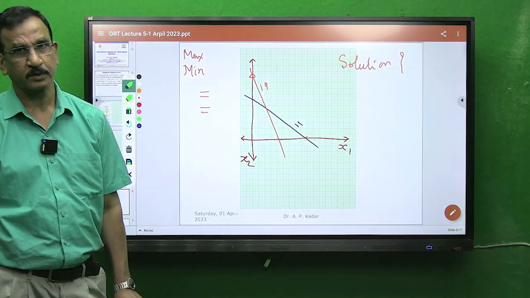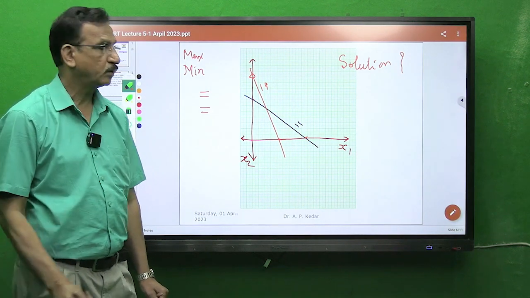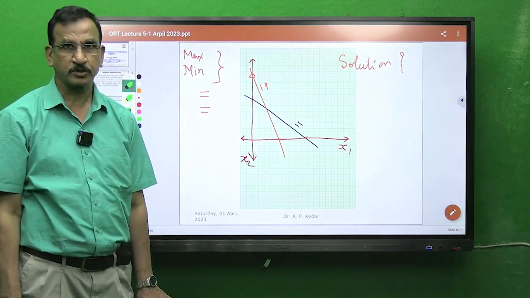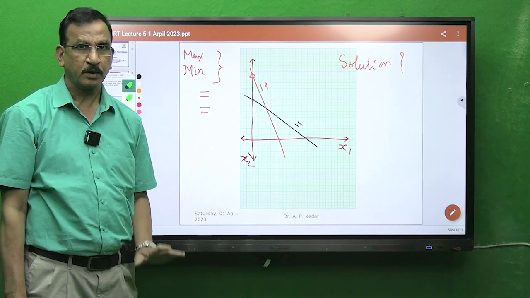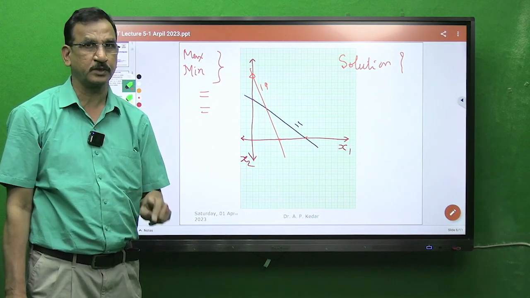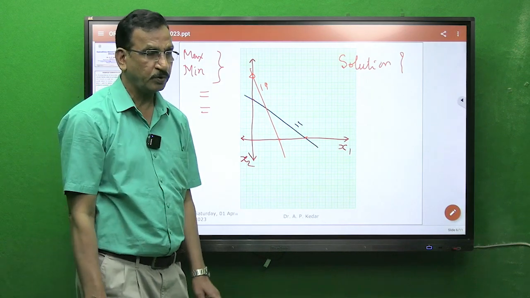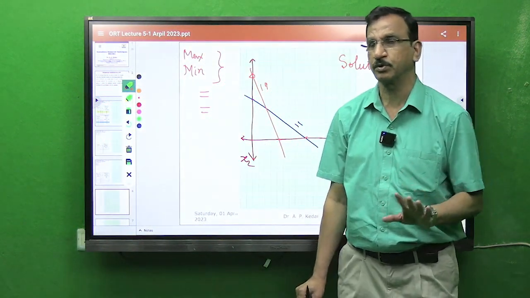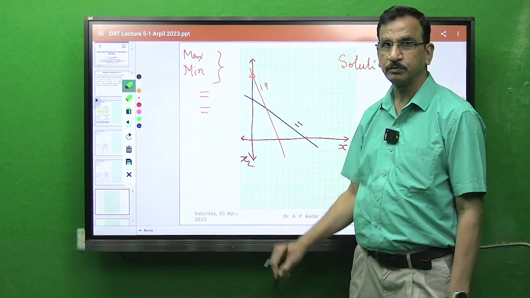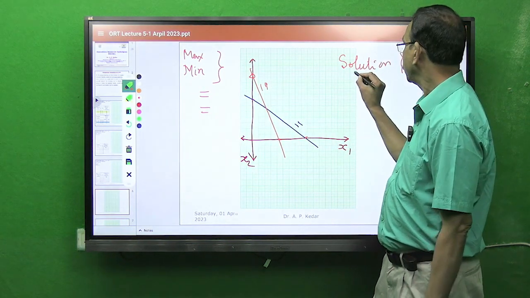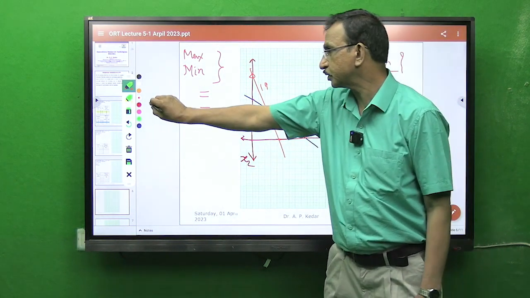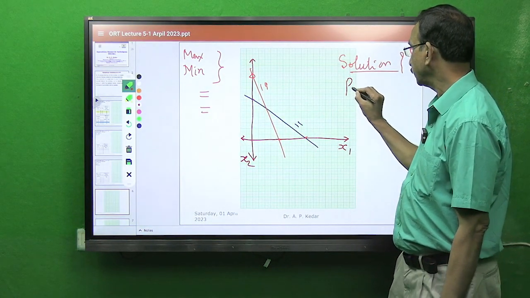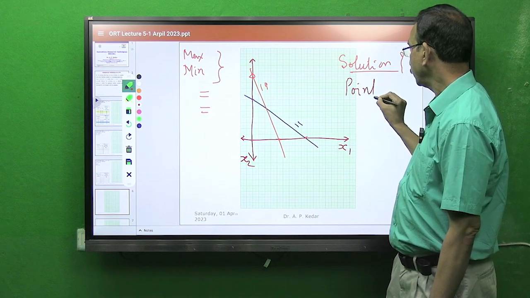Whenever, let it be any objective function, maximize or minimize, if you have only 2 constraints in a problem with sign equal to, my stress is on sign equal to, what about the solution? The solution will be blindly unique.